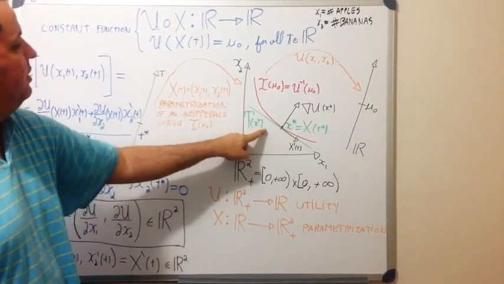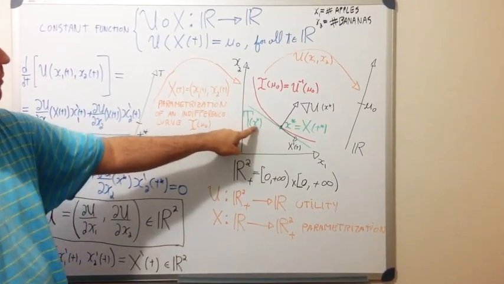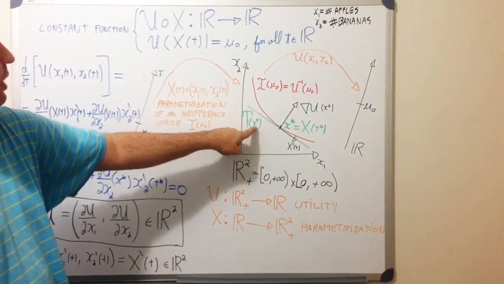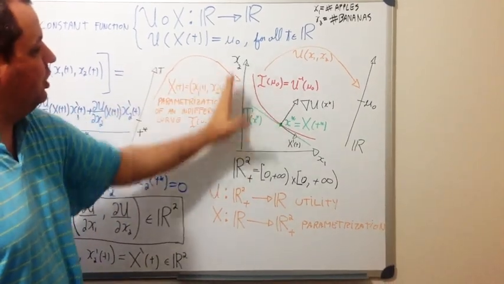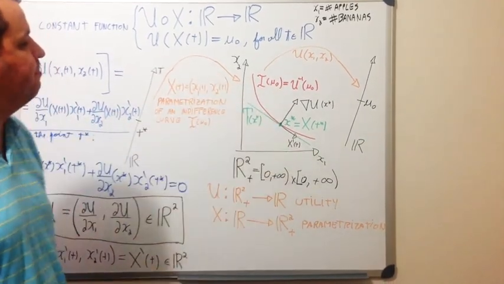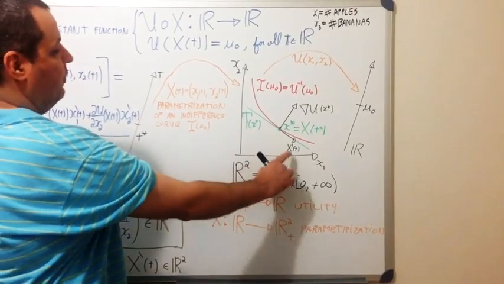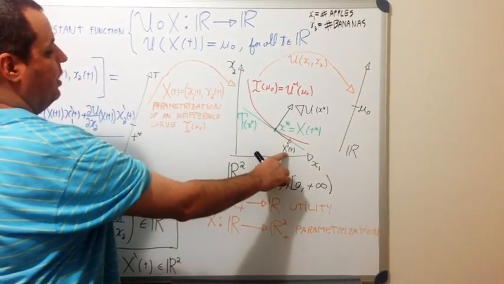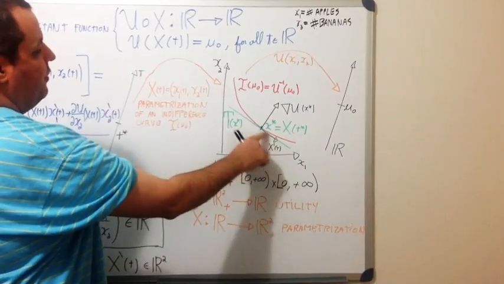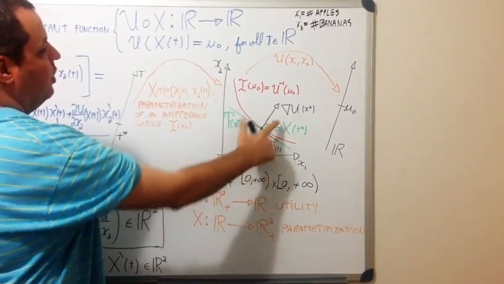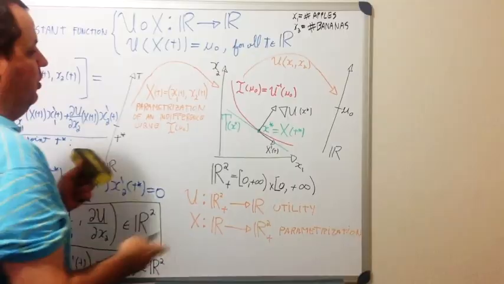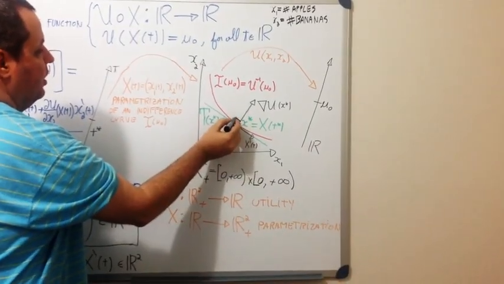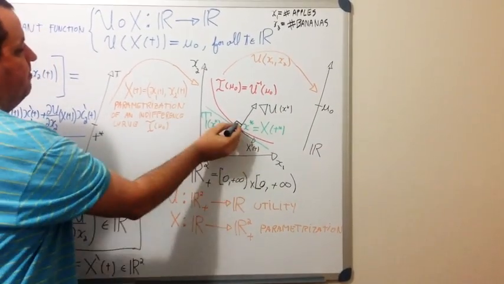So this T of x star is the tangent hyperplane. In this case, because the dimension here is 2, this is going to be a straight line in the direction of the velocity of the parametrization. So the parametrization's derivative will be a vector along this green line, while the gradient will be orthogonal, 90 degrees, a right angle here. Okay?